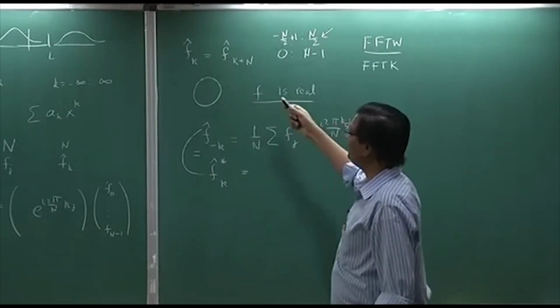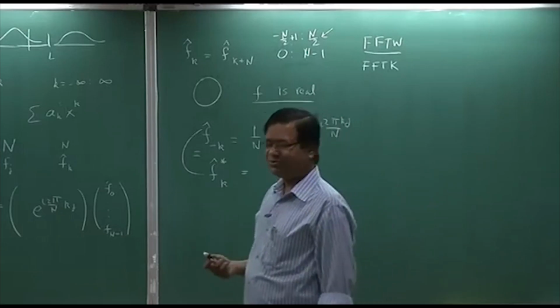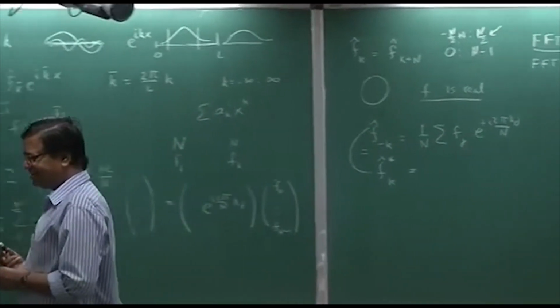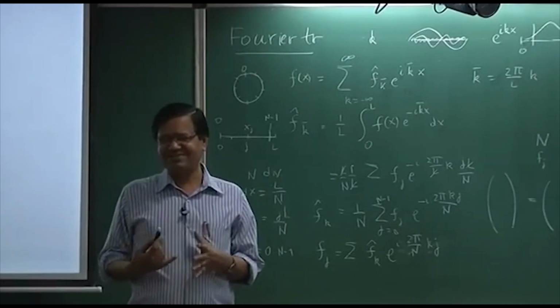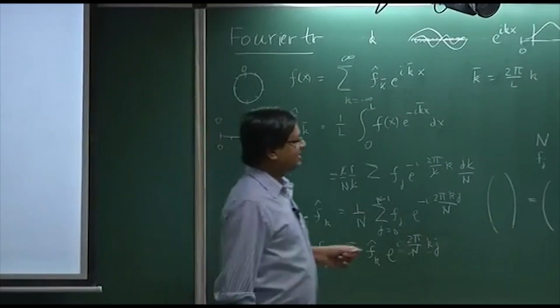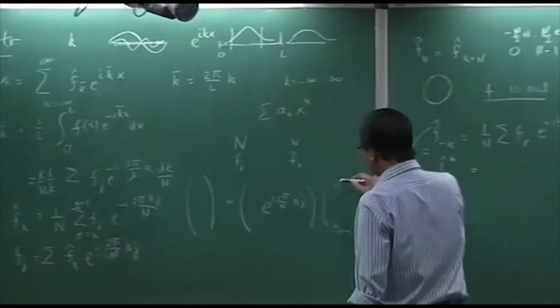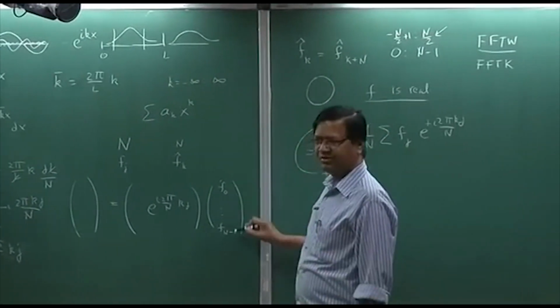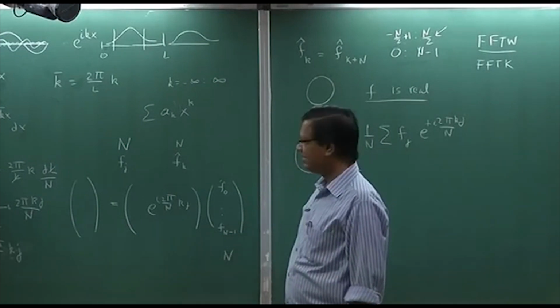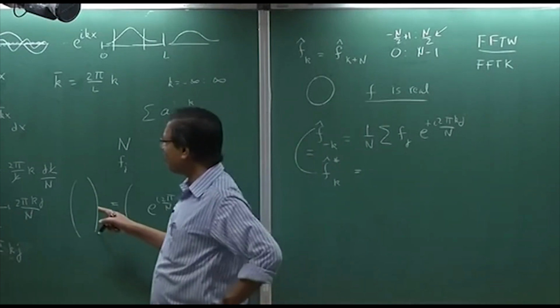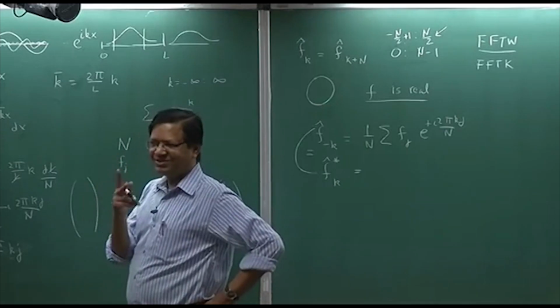That means I do not need to store everything. So if f is real, how many variables do I get? That counting is required when you do discrete transforms. If f is real, then all these f_j will be real. How many variables will there be? N. Now, please remember a complex number has two parts, real and imaginary.